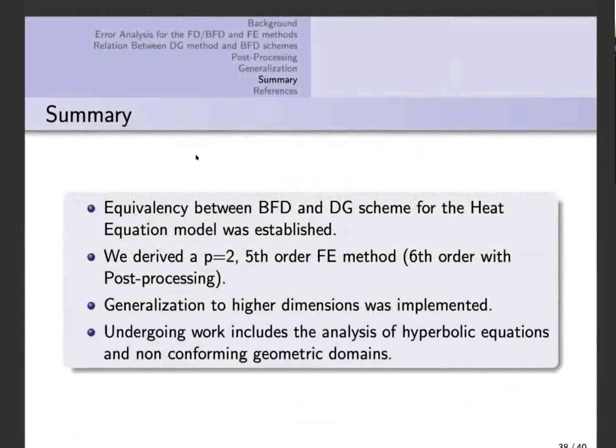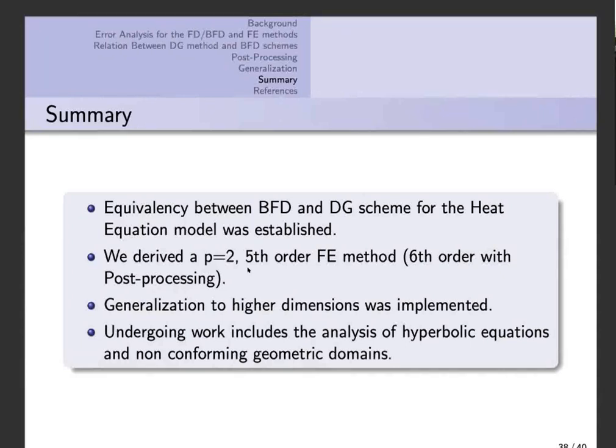As a summary, basically what we showed was that there is an equivalence between the BFD and DG schemes for the heat equation model, at least. We succeeded in deriving a scheme based on 2 grid points per cell, and were able to reach a 5th order method.